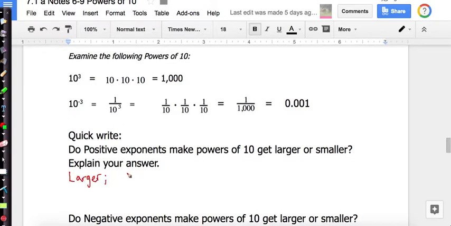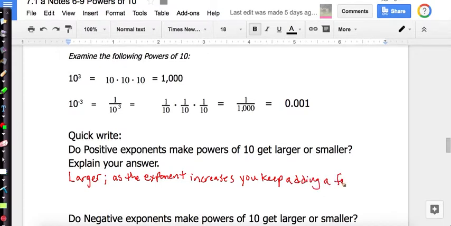And let's write: as the exponent increases, you keep adding a factor of 10 to multiply.